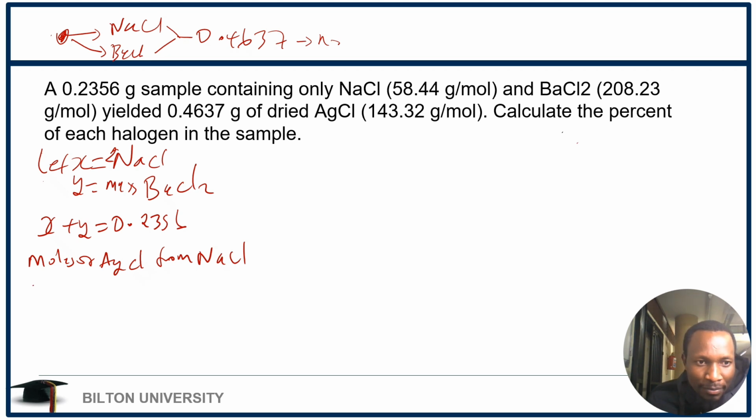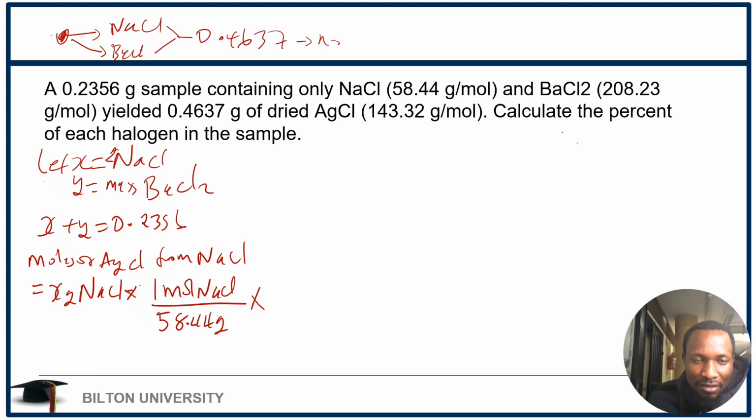So that will be X grams of sodium chloride times 1 mole of sodium chloride divided by the molar mass of sodium chloride, 58.44 grams, because the mole is on top, times 1 mole of silver chloride over 1 mole of sodium chloride.